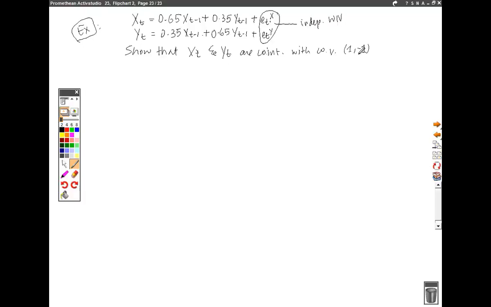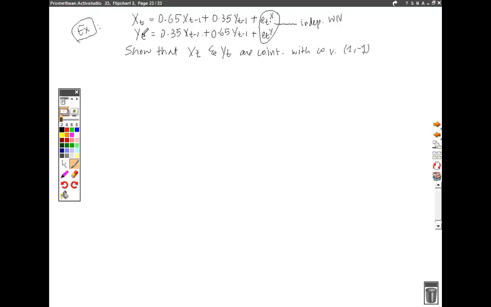Sorry, can you repeat your question? So my question is, let us say I have two processes, xt and yt, which are not stationary. I will prove it now, but I'm just assuming that you know that they are not stationary. And you have a co-integrating vector for them as 1, -1. Then what linear combination of xt and yt do I have to prove is stationary?